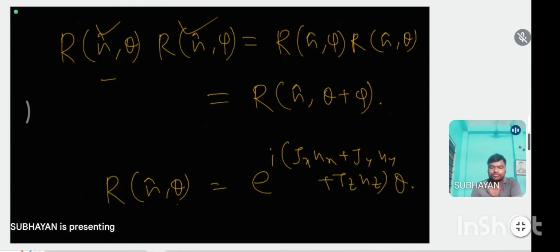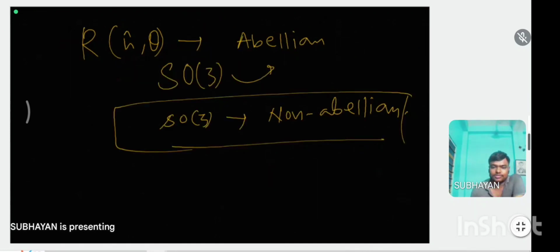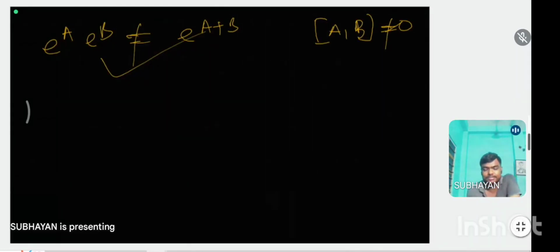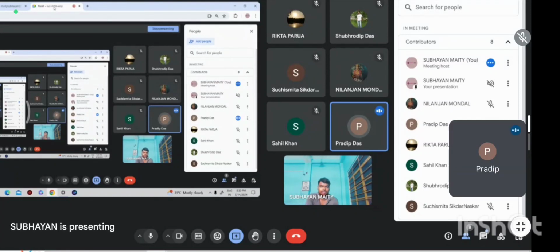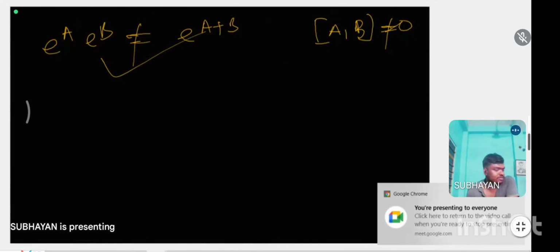The answer is: do you think angular momentum is a vector? Is angular momentum a vector quantity? Actually not.